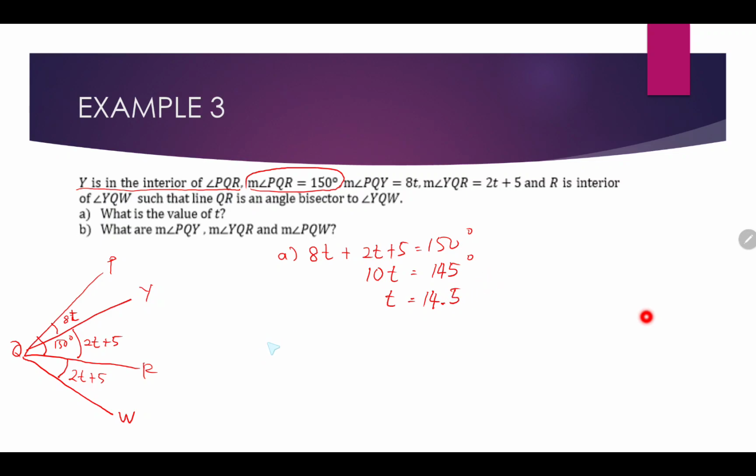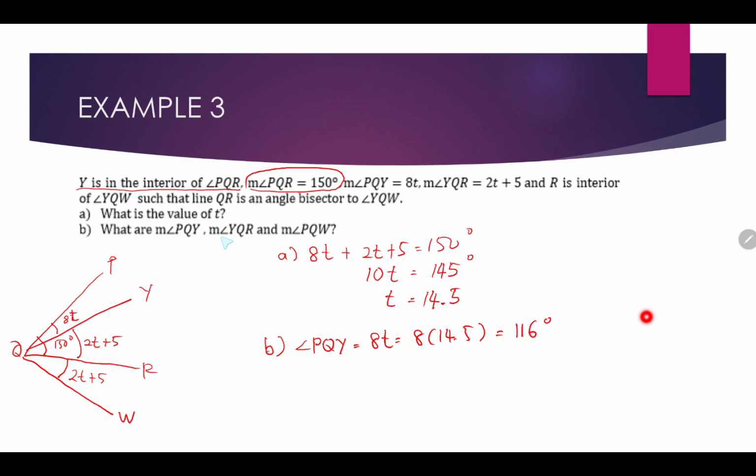Okay, then proceed to question B. What is the measurement of PQY? PQY here. So the measurement of PQY equals 8T. We know that T is 14.5, so the measurement of angle PQY is 116 degrees.